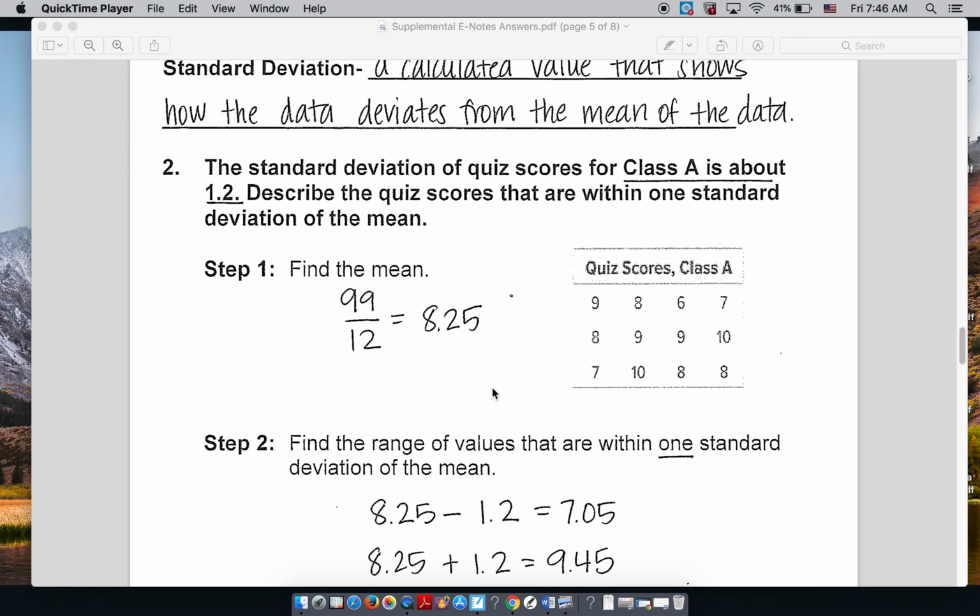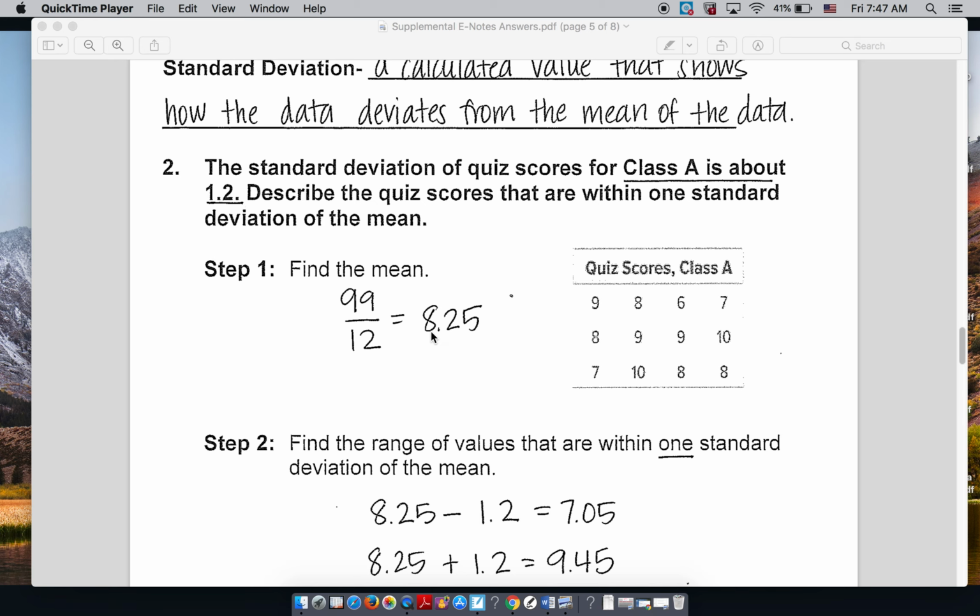And what that means is once you find the mean, 1 standard deviation would be taking the standard deviation that they gave you and finding how far above the mean and how far below the mean that would take you. Again, standard deviation represents the same thing as mean absolute deviation. It's just given to you in the problem.